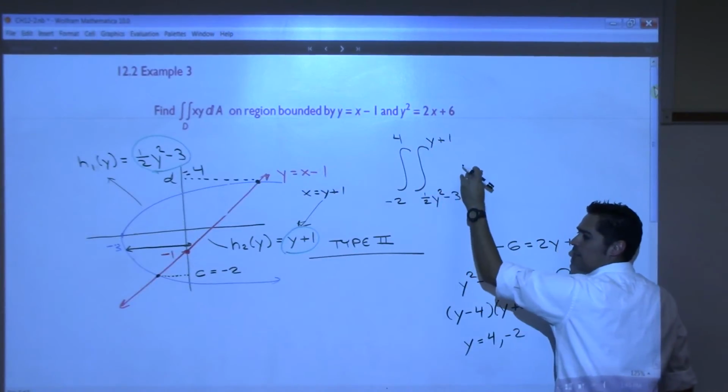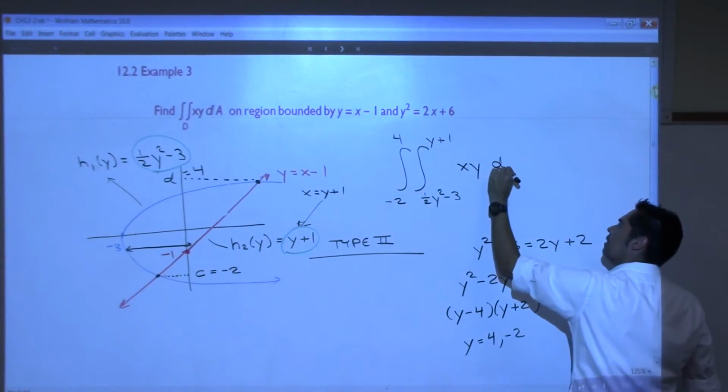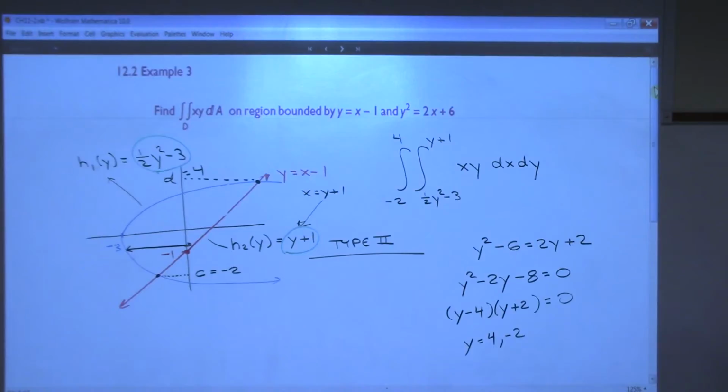The integrand, xy dx dy. There we go. Would you like me to work this one, or do you want me to just say dot, dot, dot? Dot, dot, dot? Okay.